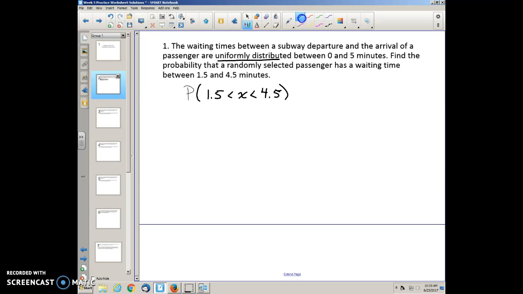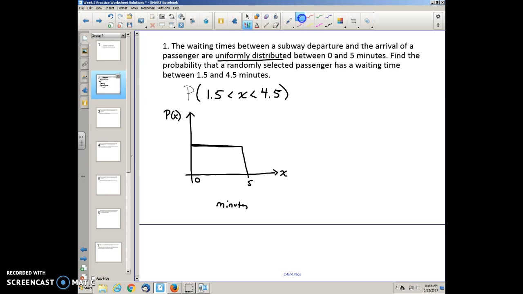Since it's a uniform distribution, the distribution takes on the shape of a rectangle. X, probability of x, between 0 and 5 minutes. So we draw a rectangle.